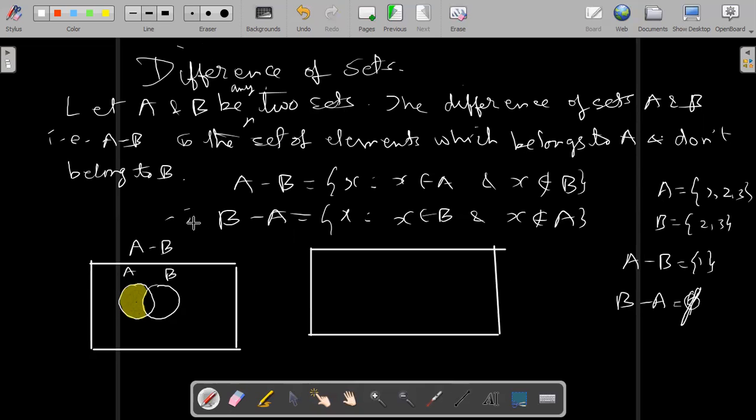I told you you could write universal set at some corner, big U. And now we are showing B minus A. So draw one A and this one is B. From B you have to remove the elements of A. So this will be the portion of B minus A, and shade this part.